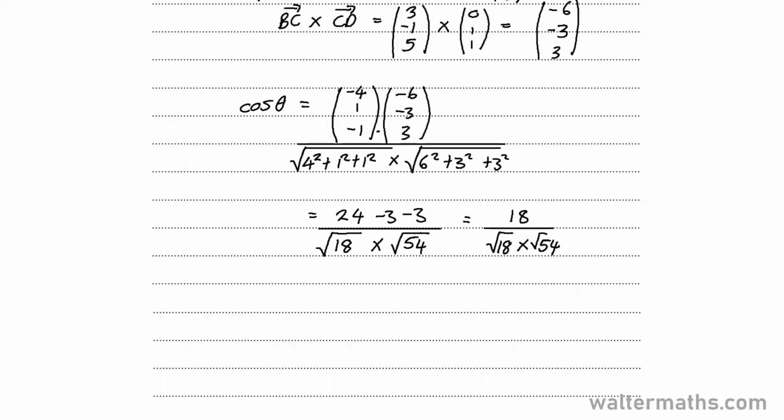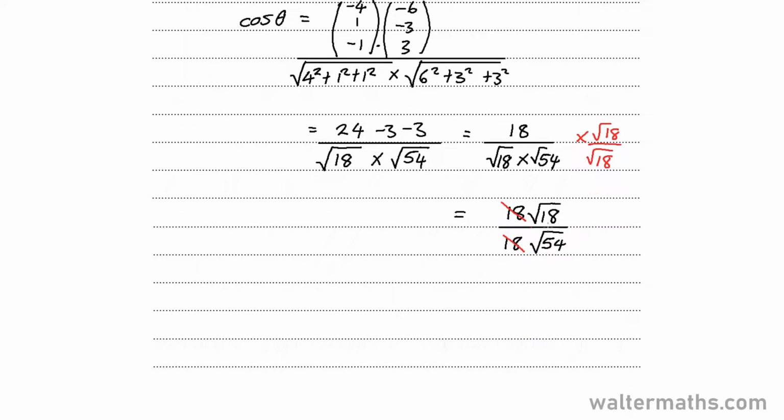So we can multiply numerator and denominator by root 18. If we do that, on the numerator we'll have 18 root 18, and that's over root 18 times root 18, which is 18. So it's 18 root 54. So it means we can cancel out the 18s right here. So we now have root 18 over root 54.